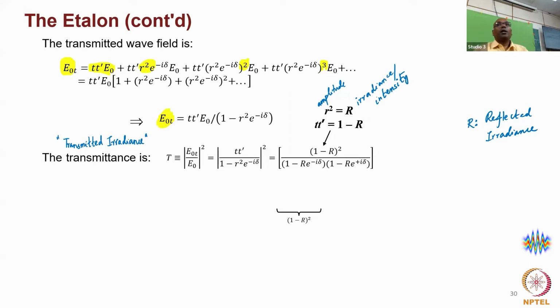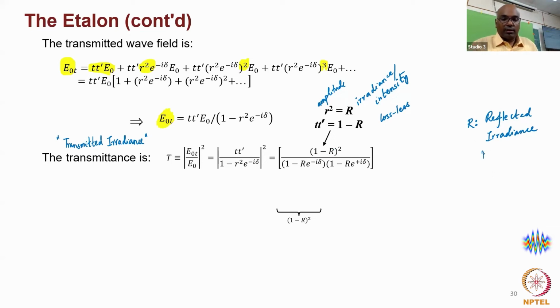These relations arise from the fact that the medium is lossless or entirely transparent. Okay, the glass, we assume a perfect piece of glass with refractive index close to 1.5. So then a lot of things get simplified. We have here the same equation for the transmittance T, now written in terms of the reflectance.